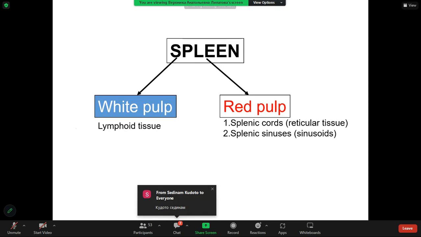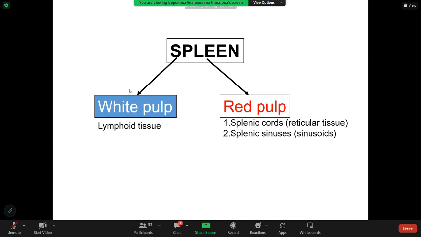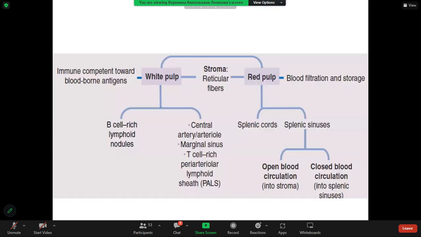When they cut spleen, we can see something whitish and something reddish. But after the staining by histologist, white pulp becomes intensive basophilic, and red pulp includes splenic cords. This is reticular tissue and splenic sinuses, sinusoids.